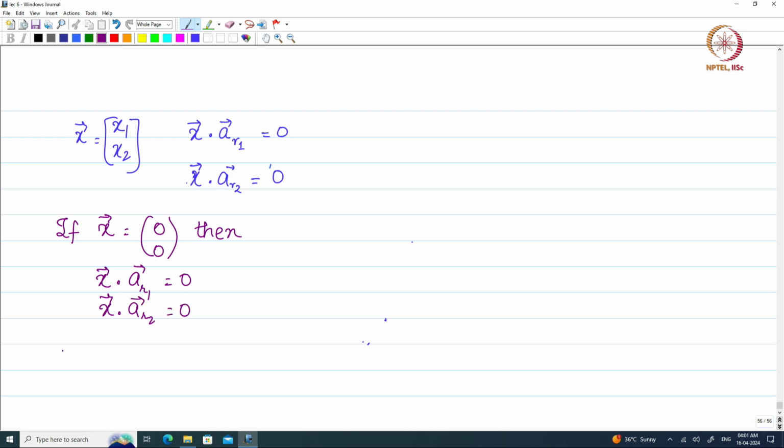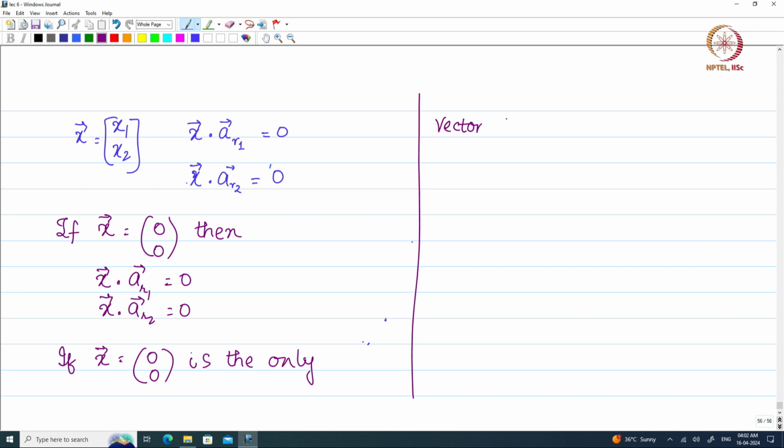And suppose x equal to 0 is the only vector orthogonal to both ar1 and ar2, then we say the homogeneous system of equations Ax equal to 0 has only the trivial solution.